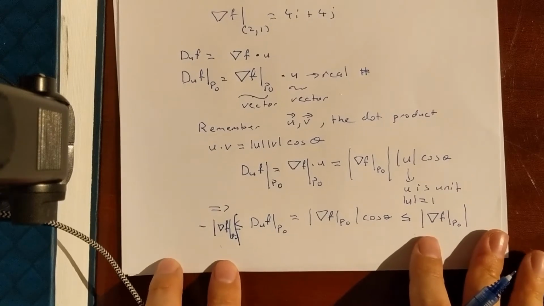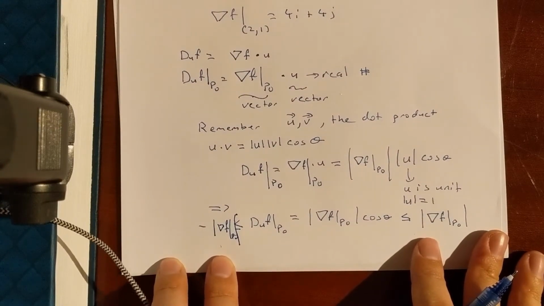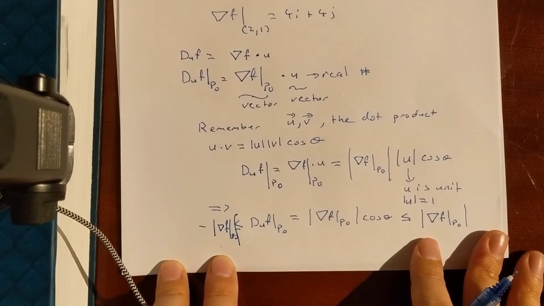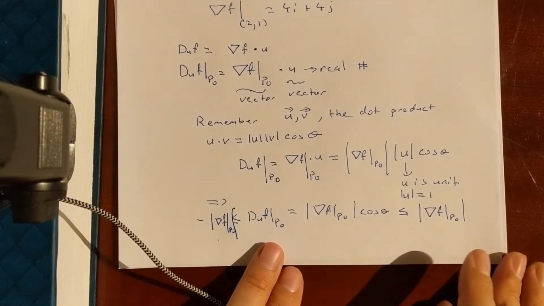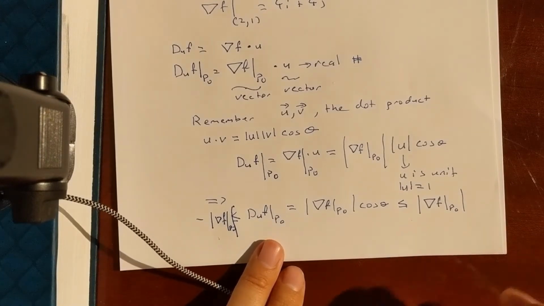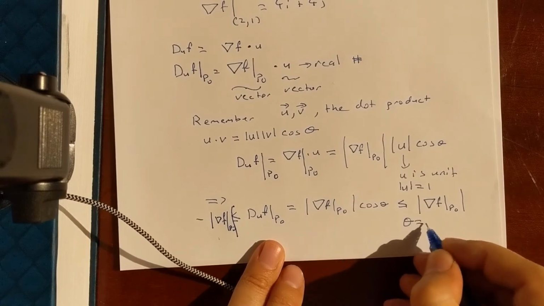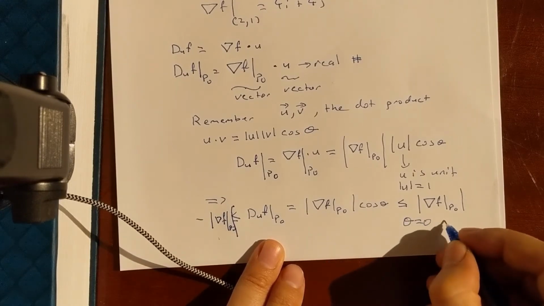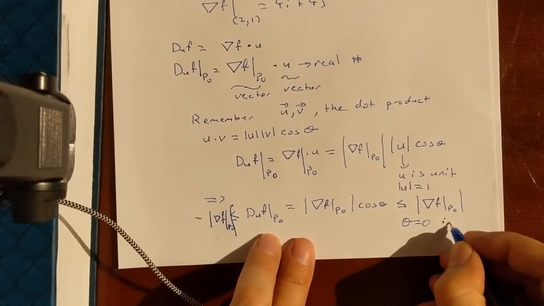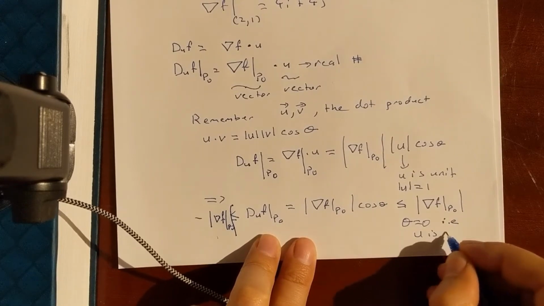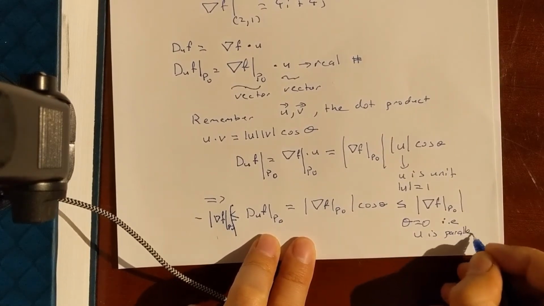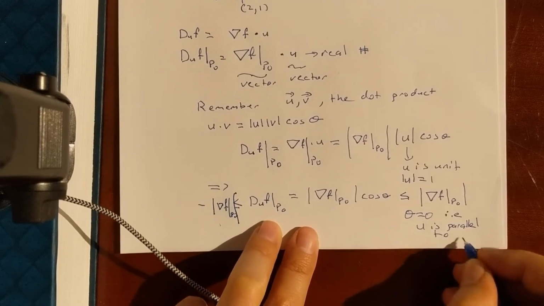Basically we got these two things. It's always going to be bounded by the gradient of f. The maximum value is just going to be the gradient of f at that point, and the minimum value is negative the gradient of f, in absolute value, of course. Having said that, when will this occur? This will occur exactly when theta is 0, i.e., when u is parallel to the gradient of f.